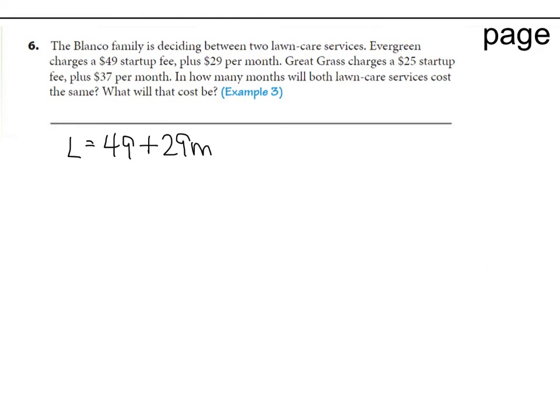The other one is a $25 startup, so you're paying less up front, but $37 per month. And again, the question is how many months will it be the same, and then what will that cost be? So you should have found not just the M, but also the cost for this one. So since we're looking for the same, you should have set them equal to each other.